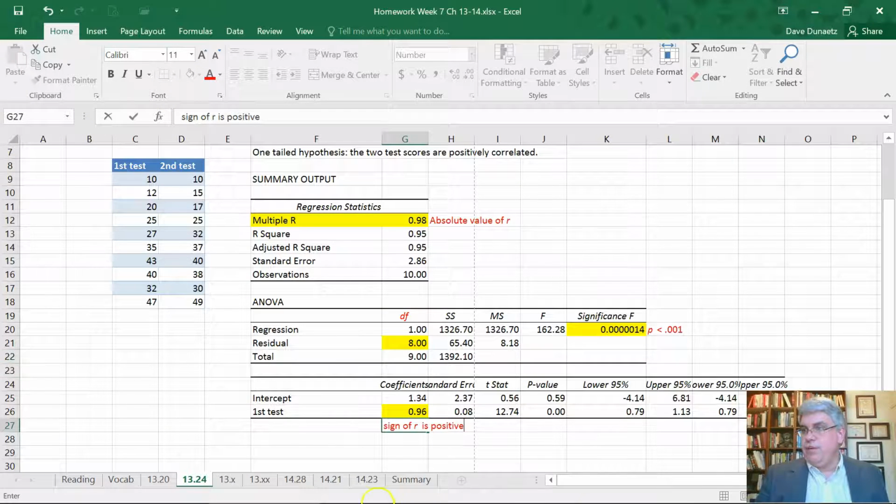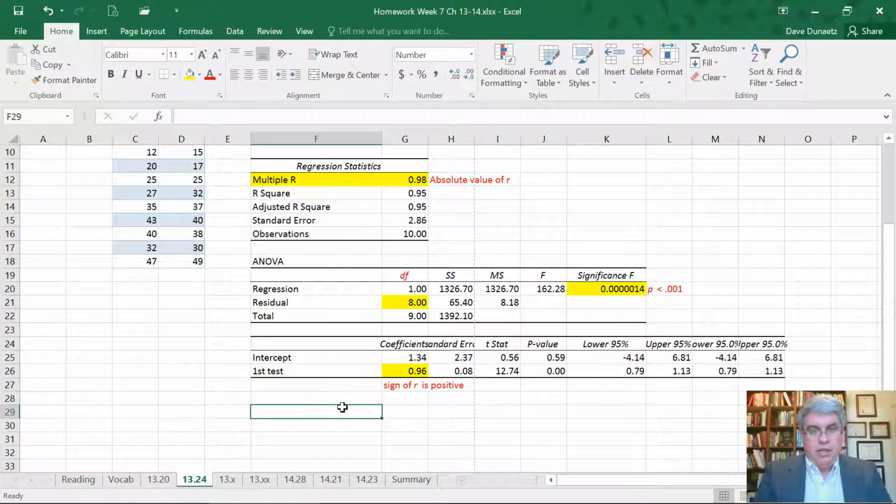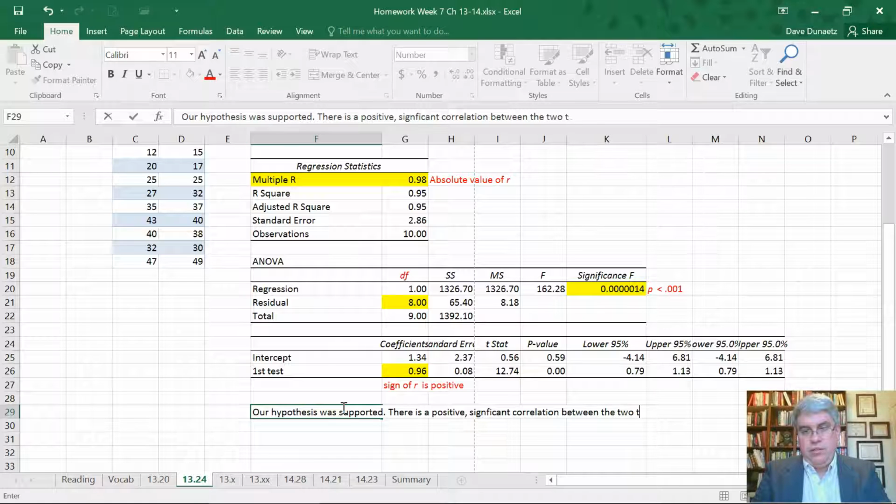So what are we going to conclude? We are going to conclude our hypothesis was supported because P is less than 0.05. There is a positive significant correlation between the two test scores, and we're going to put R, and then in parentheses the degrees of freedom, which are 8.